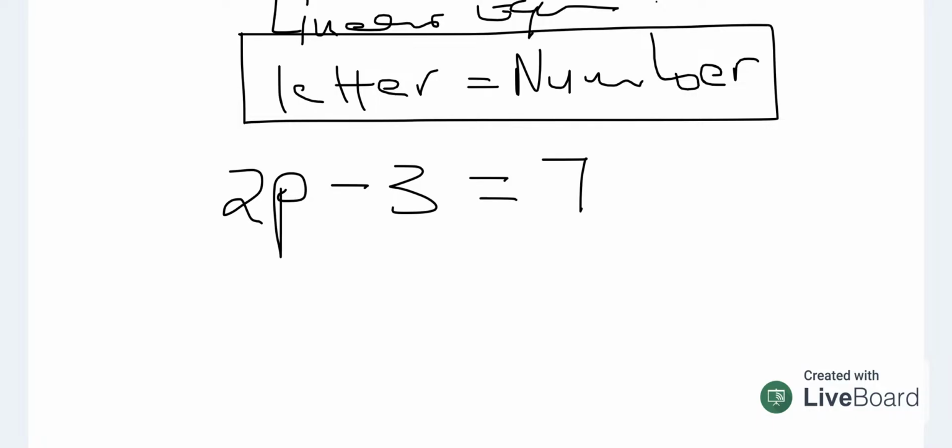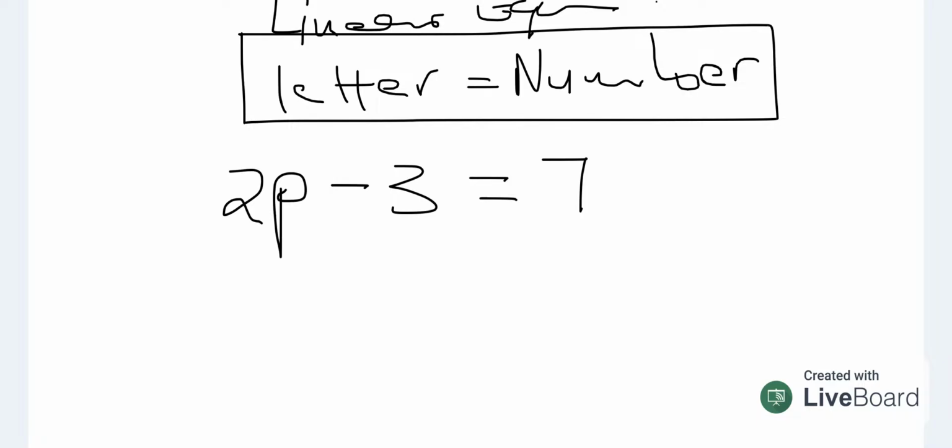How do I know that it is a linear equation? Because when you look at all the letters that you are given, all of them, they are to the highest degree of 1. So that means whatever letter that you are given, the exponent of those letters must be 1. If all the letters are to the exponent of 1, then it means it is a linear equation.